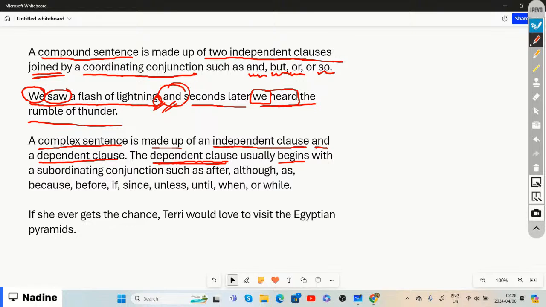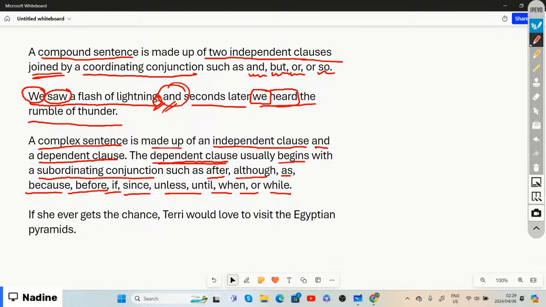At the beginning of a dependent clause, we will have a subordinating conjunction. A subordinating conjunction is words such as after, although, as, because, before, if, since, unless, until, when, or while. These words that are underlined now, those are subordinating conjunctions, right?